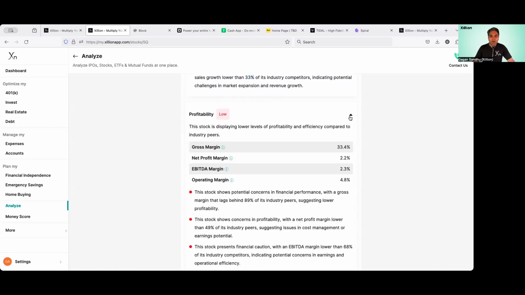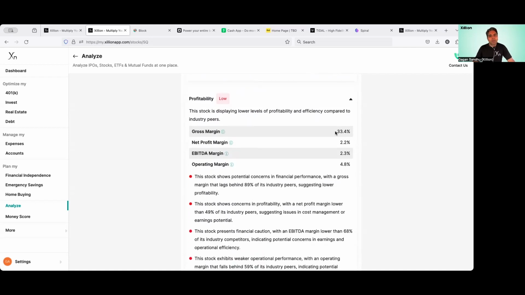Now, let's look at profitability. As I said, net margin is low. That's because the company is investing all its profits into growth, which is the right thing to do for a company at this stage, very young company, 14, 15 years old company launching new products all the time. Gross margin is 33%, which is typical of a company in the payments space.